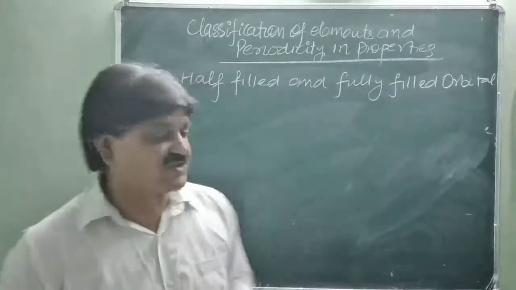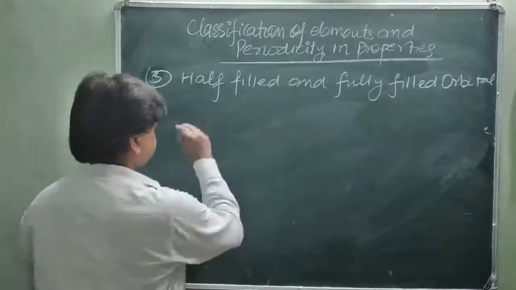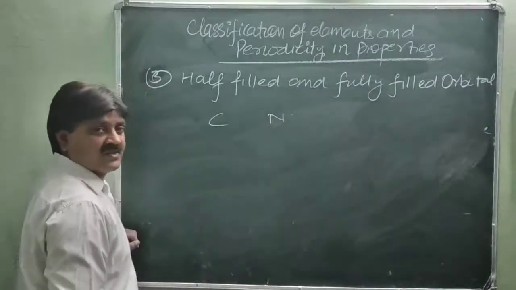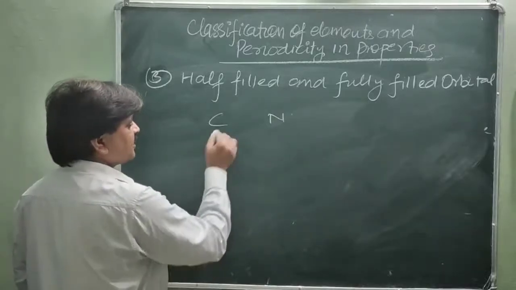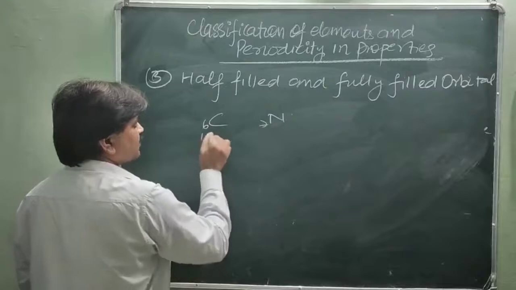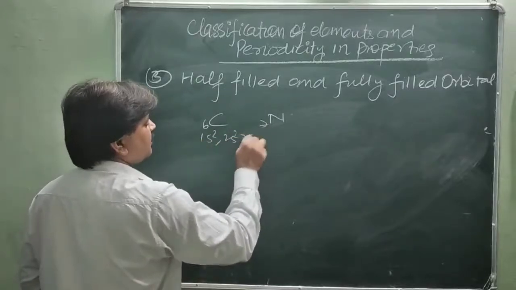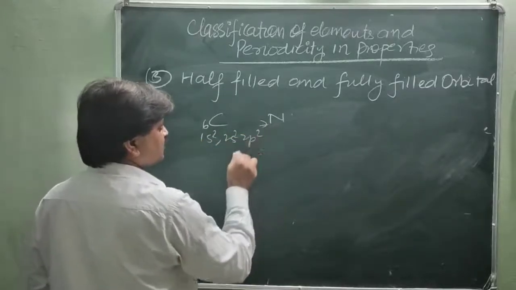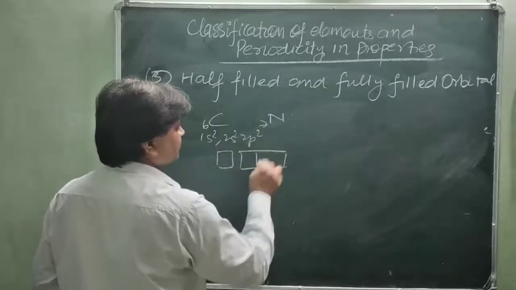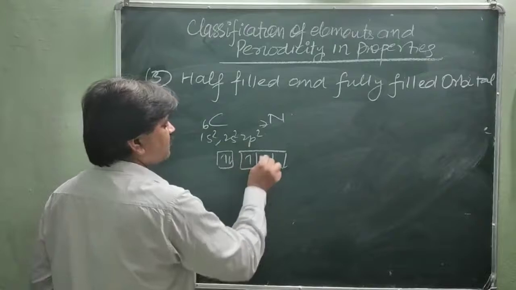Just like a very simple instance, in the case of carbon and nitrogen. Here this is carbon, with atomic number 6, and this is nitrogen, 7. Carbon is 1s2, 2s2, 2p2. So in the outermost shell this is 2s and this is 2p, with 1 and 2 electrons.